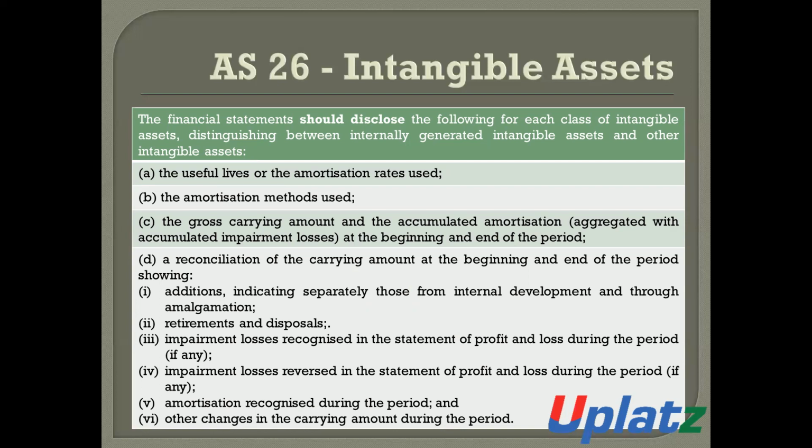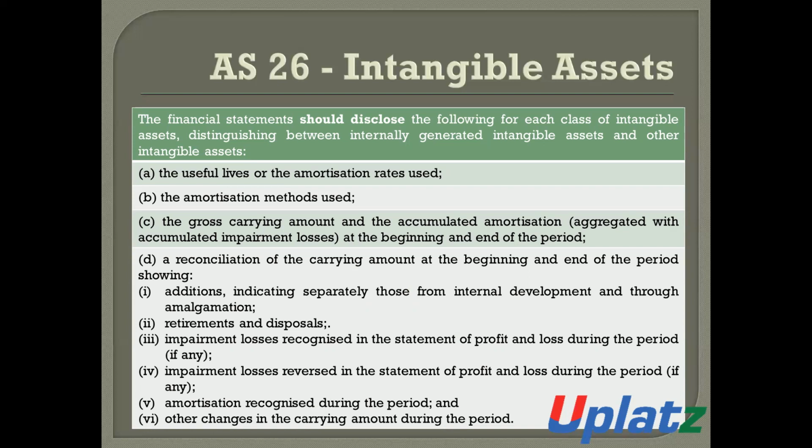Number 1, the useful life or the amortization rate which are used in respect of these intangible assets. Number 2, the amortization method. Number 3, the gross carrying amount and the accumulated amortization at the beginning and at the end of the period.